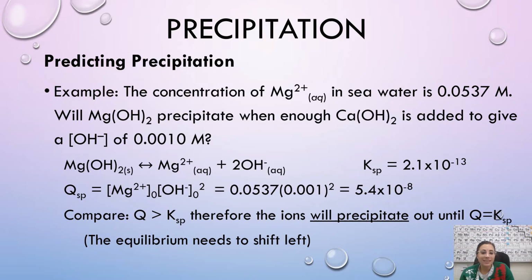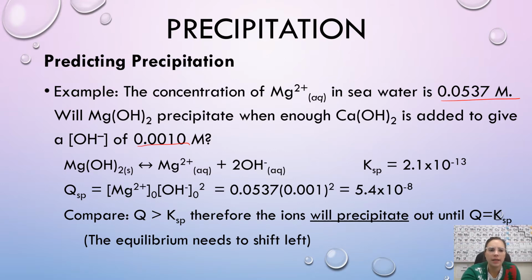Now, in this particular question, we are not dealing with a volume change because instead of creating a solution, we are just told that the concentration of magnesium is 0.0537 and the concentration of hydroxide is 0.001.